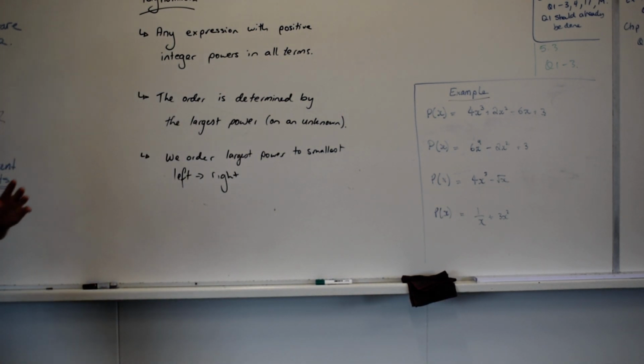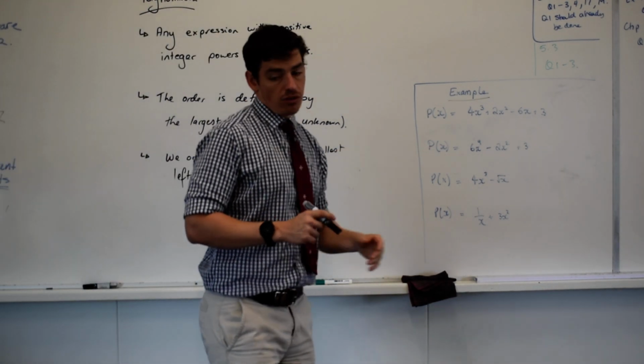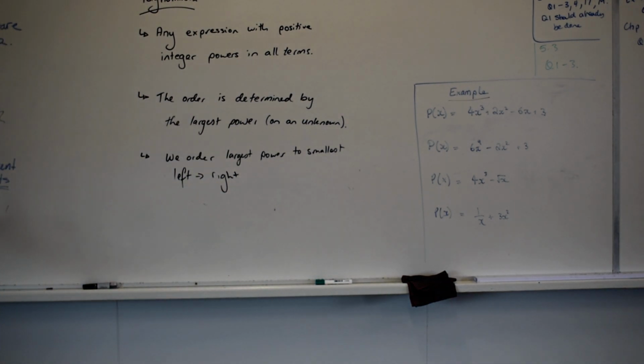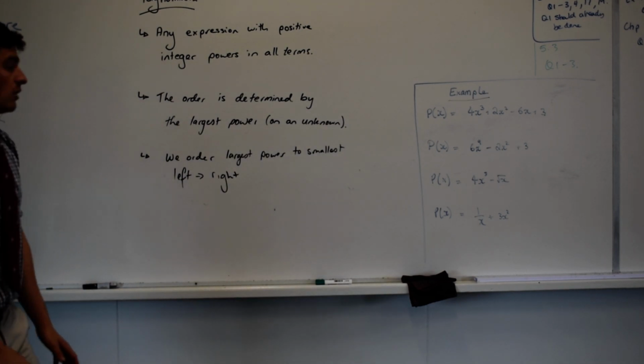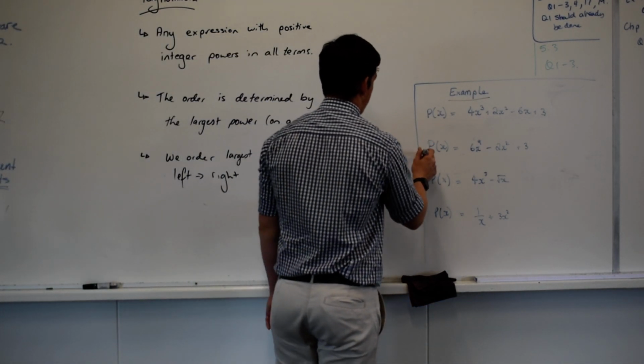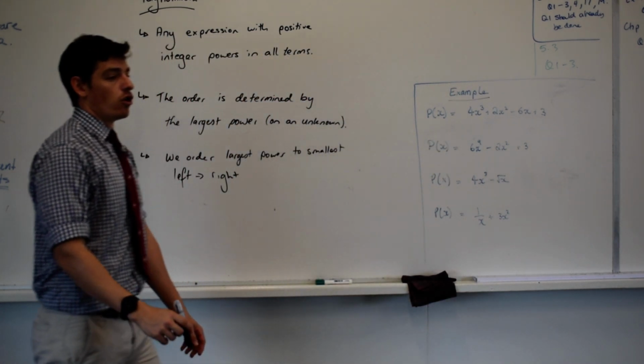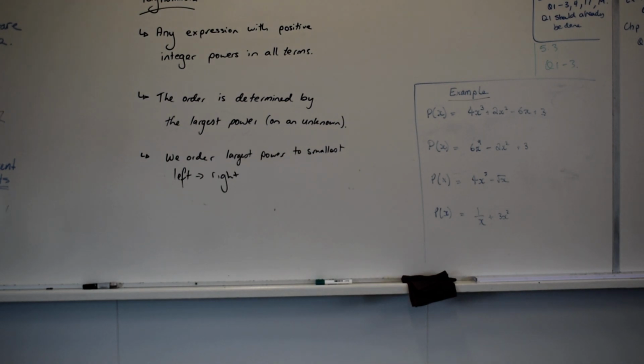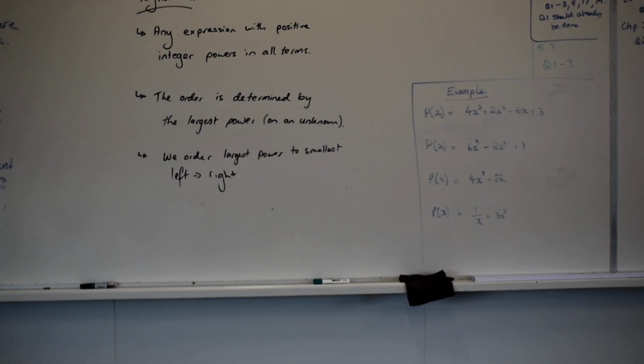So I've got some examples to my right, and I'll give you 30 seconds to jot those notes down. I want you to identify, whilst you're waiting, which of these are polynomials and which of them are not polynomials.